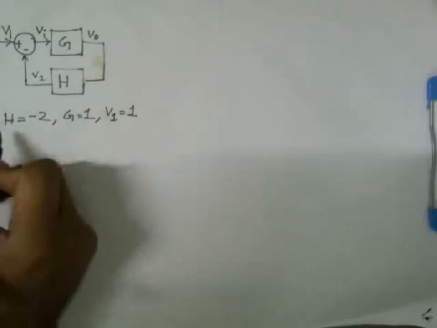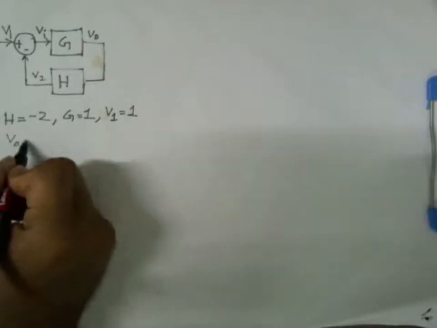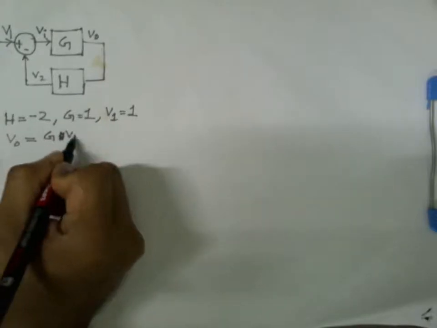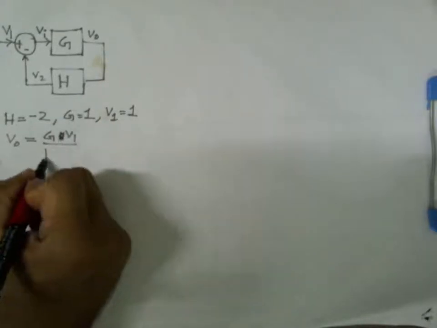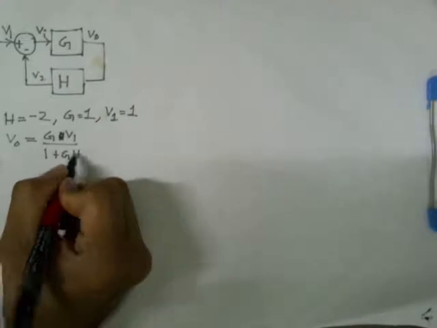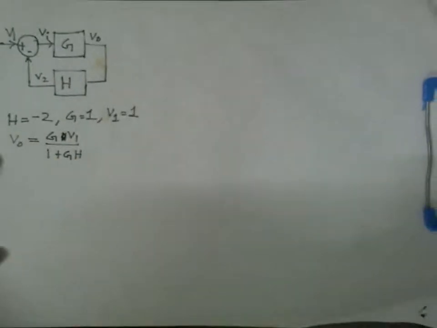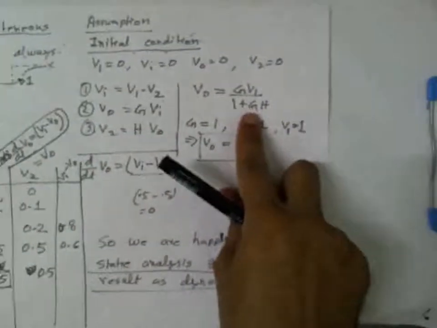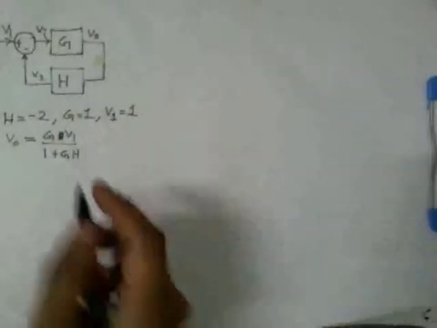So what do we have then? VO is GV1 divided by 1 plus GH. That's what we have from our static analysis here. Okay, so let's put the values.